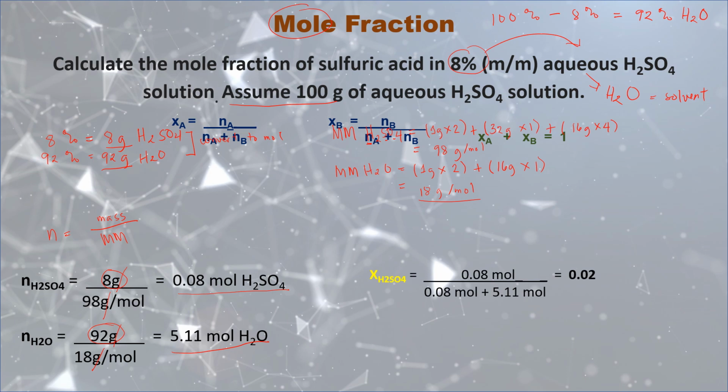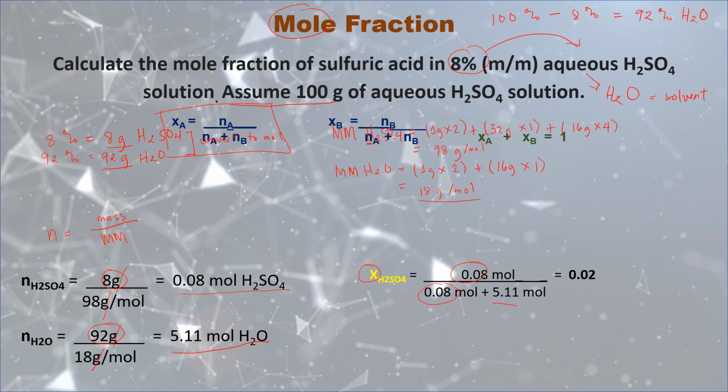To get the mole fraction of H2SO4, take note that mole fraction is represented by the letter X. In the formula, you simply divide the number of moles of that substance over the number of moles of that substance plus the other substance's moles. So the number of moles for H2SO4 is 0.08 over 0.08 plus the moles of the other substance, 5.11 for water.